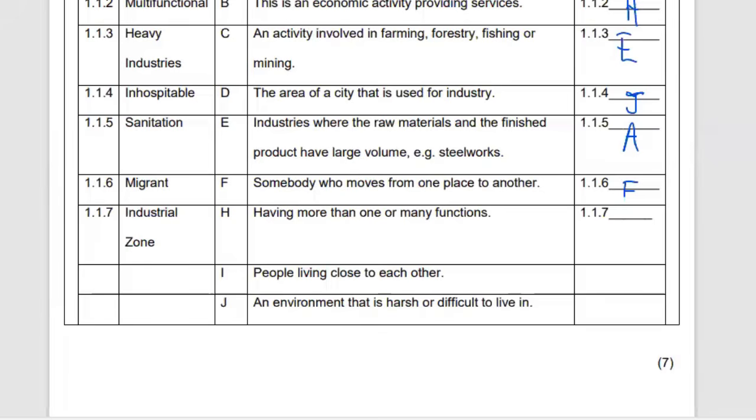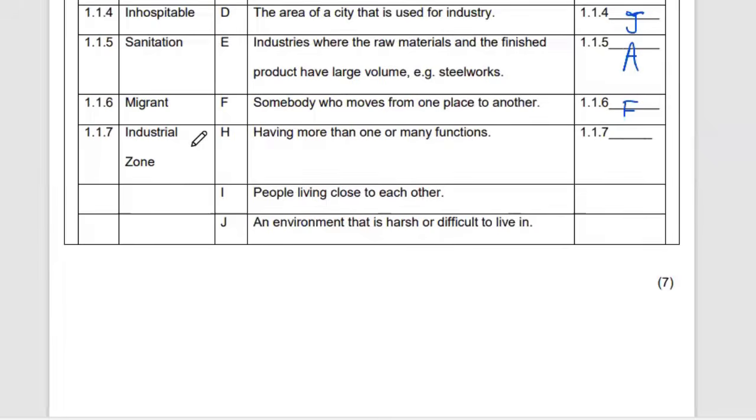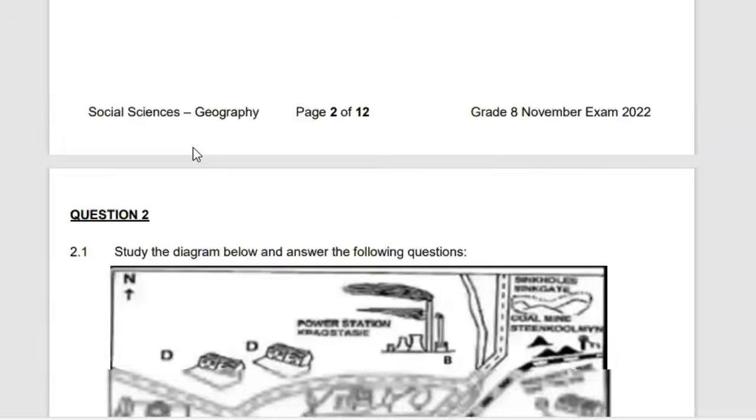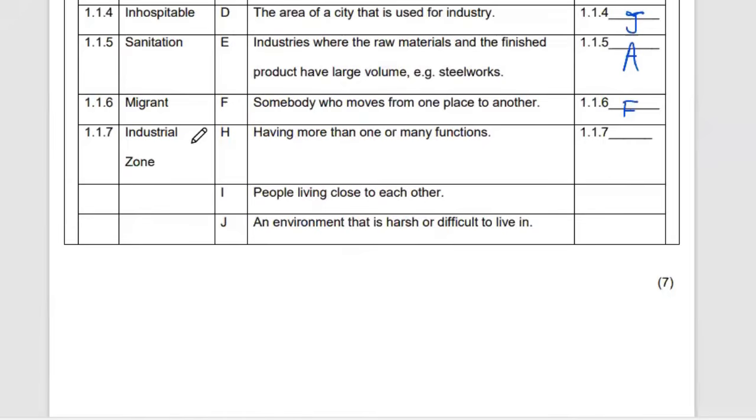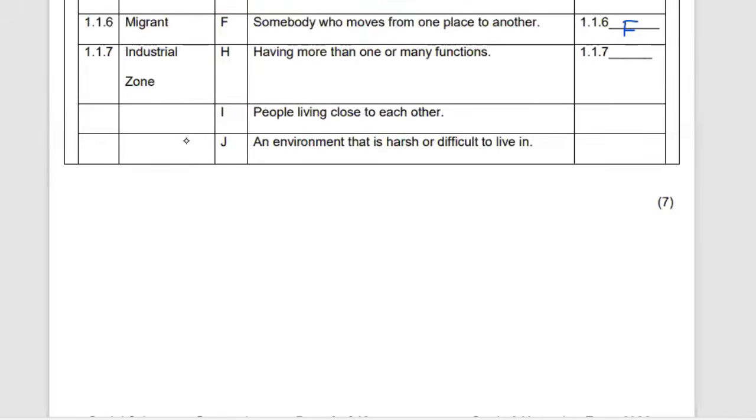Then lastly, we have industrial zone. What is an industrial zone? Right, when you're looking at zones, let me just remind you briefly.